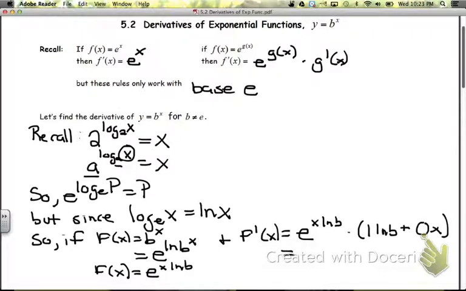So this will be equal to e to the power of x ln b times ln b. So therefore, f prime of x is equal to b to the power of x times ln b, since b to the power of x is equal to e to the power of x ln b.